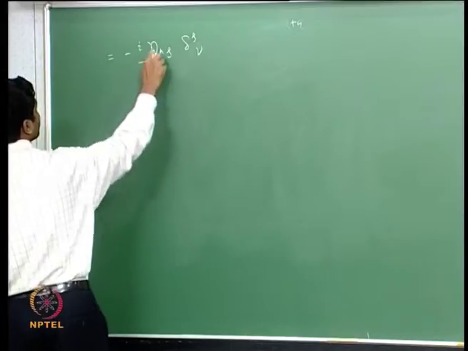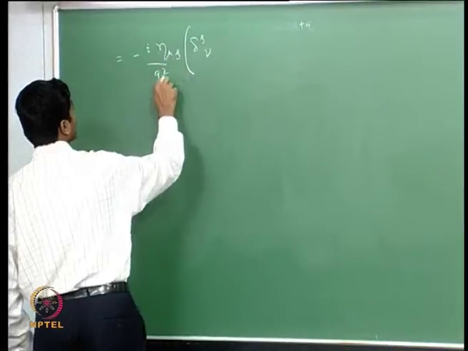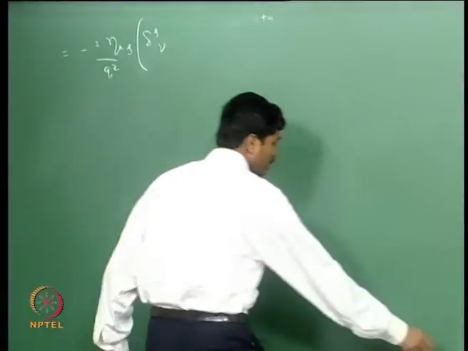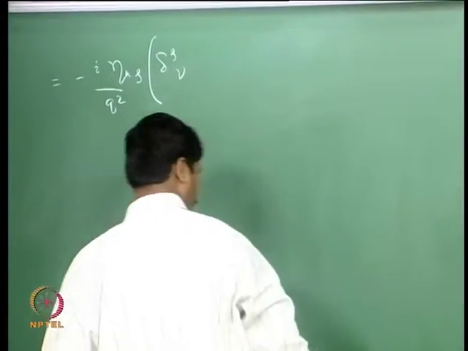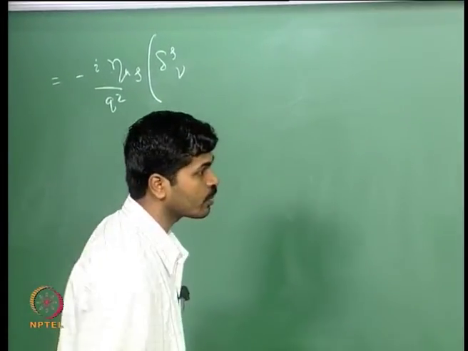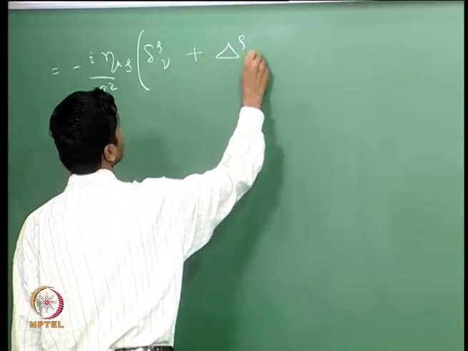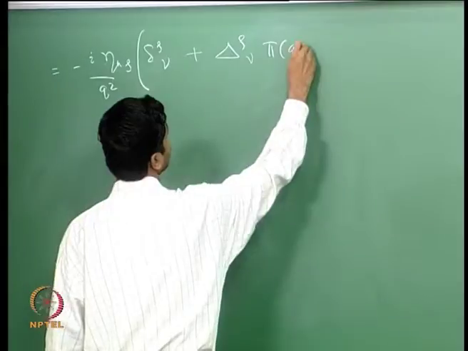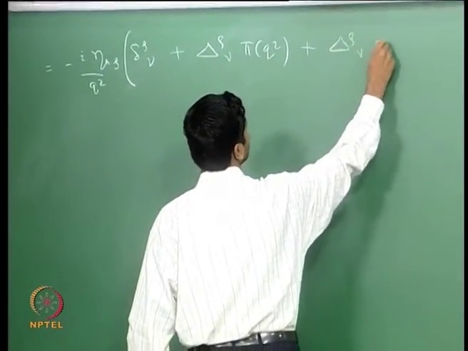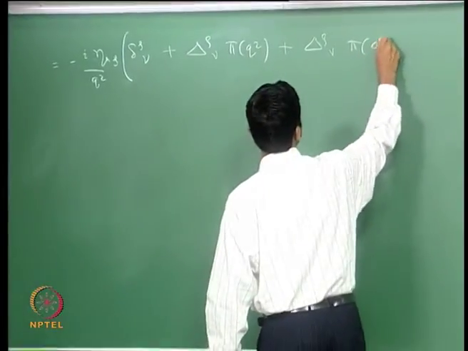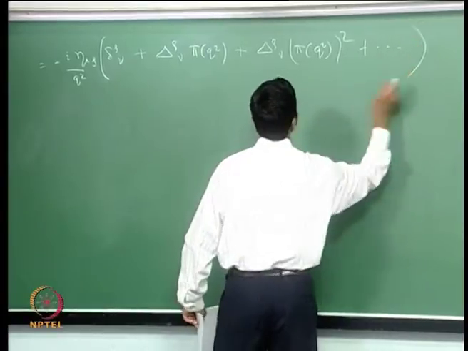Then i eta mu rho is there in all terms, so I can write it as i eta mu rho divided by q square times this Kronecker delta rho nu, and then the second term will give me delta rho nu pi q square, the third term delta rho nu pi q square whole square, and so on. This is what I am going to get.